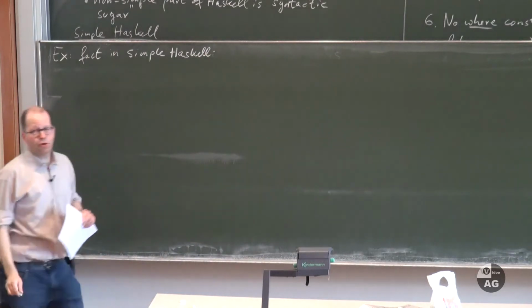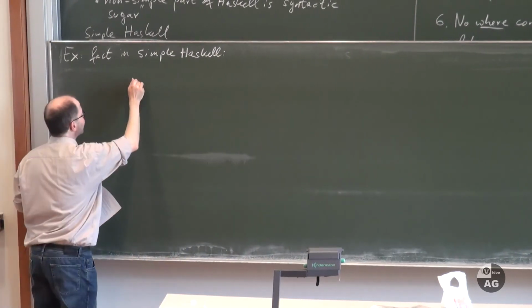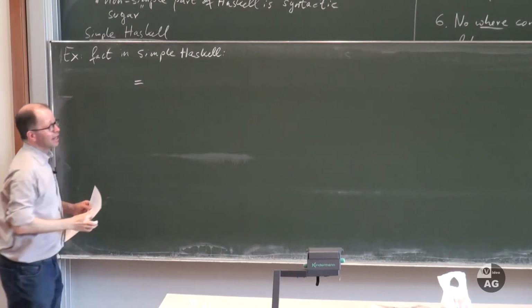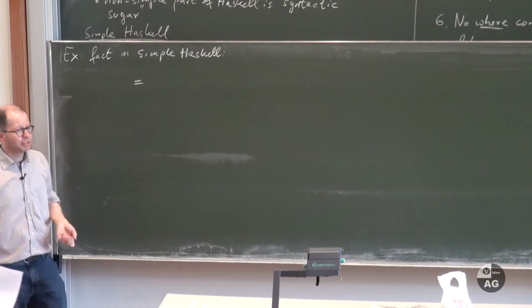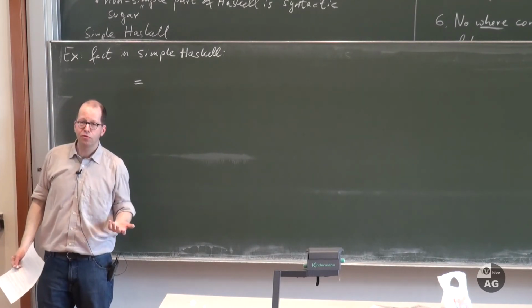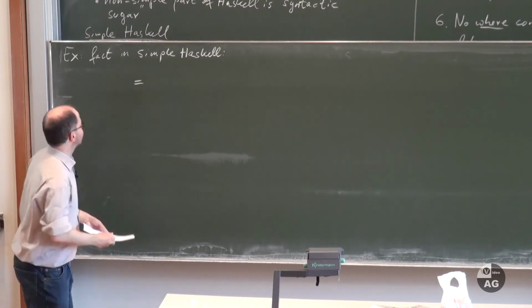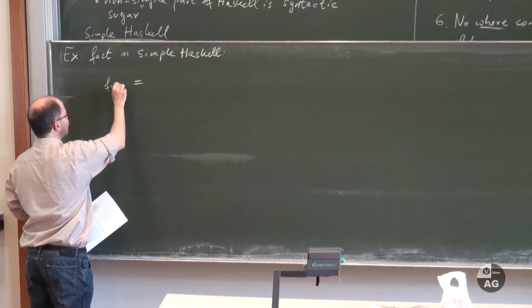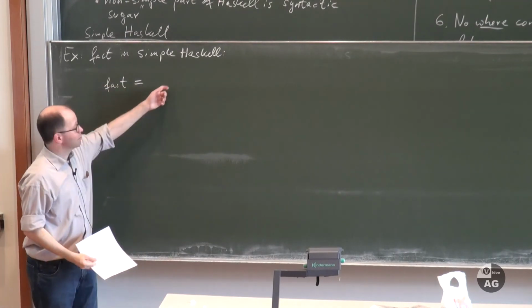So a simple Haskell program has just one single declaration. So there will be one equal symbol, and that's it. And on the left-hand side of this equal symbol, there may only be a single variable, not more. So I cannot write fact x, for example. That's not allowed. So, okay, since I'm not allowed to do this, I'll just write fact. So the rest has to be on the right-hand side.